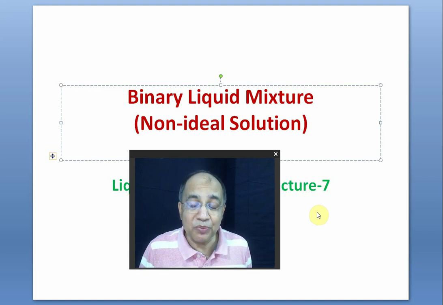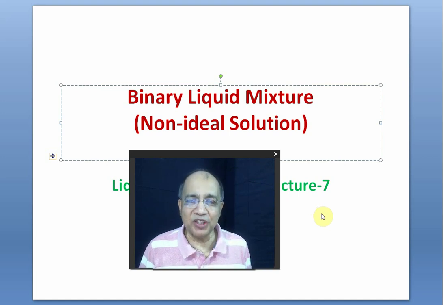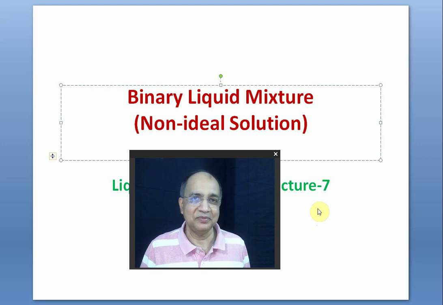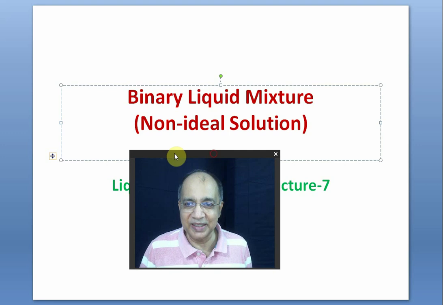Though the two liquids are mixable in all proportions, they form a non-ideal mixture because at some composition they form a very exotic solution. A mixture is called the azeotropic mixture. That beauty of azeotrope will come only in non-ideal mixture. Let's see what is non-ideal and how they are different from ideal.